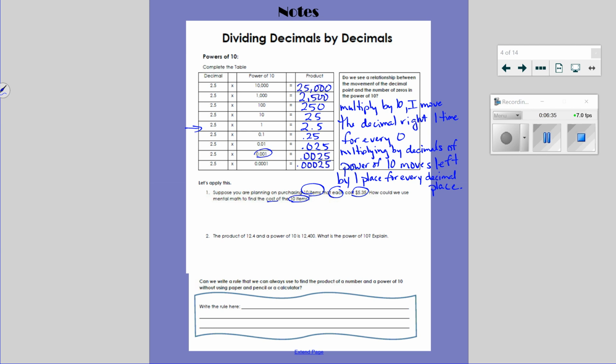Once. Good, because there's 1 zero in 10. All I'm going to do is move that decimal place once to the right. So move the decimal 1 space right, because there's 1 zero in 10.